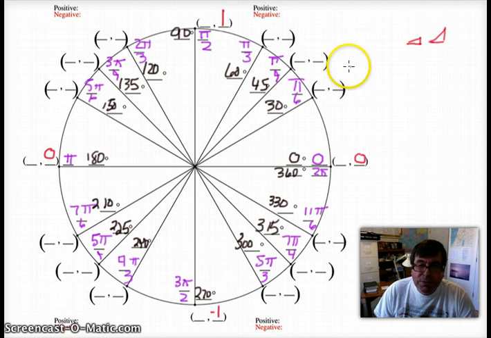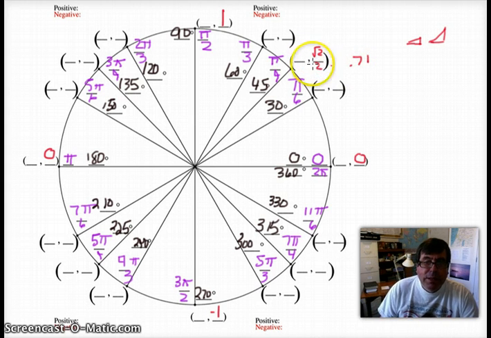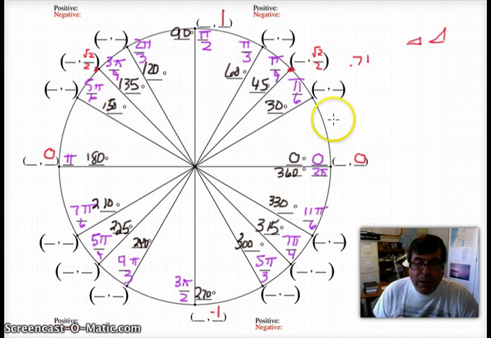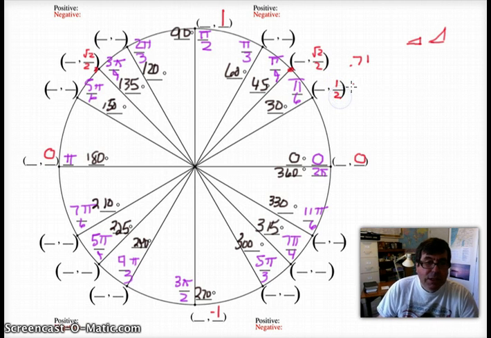Now, 45 degrees is really like 0.71 if you do that on your calculator. Radical 2 over 2. Now this particular height is the same over here, so this is going to be radical 2 over 2. Now 30 degrees is 1/2. We've seen that many, many times. So that means this is 1/2.